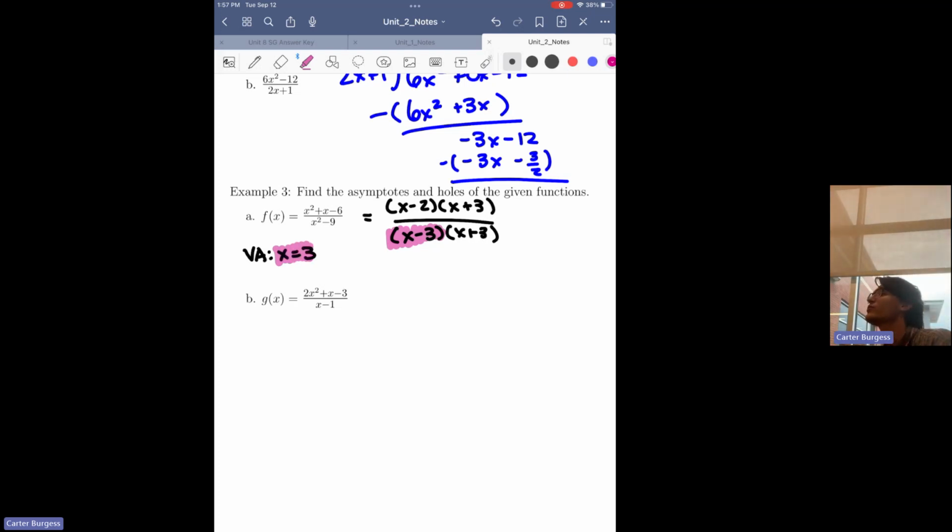There is nothing in our numerator to prevent that x minus 3 from running wild when we get really, really close to 3. On the flip side, what's happening around my -3? We see the exact same thing in the numerator. And so rather than a vertical asymptote, I'm going to have a hole at x equals -3.